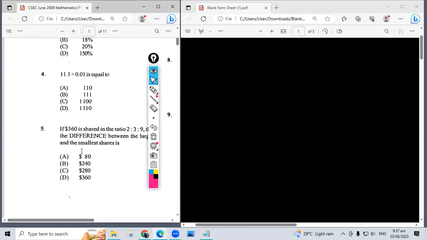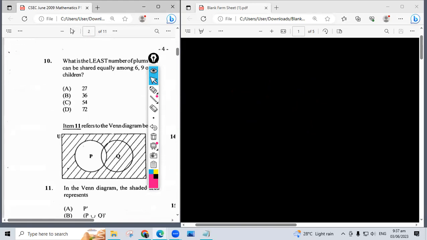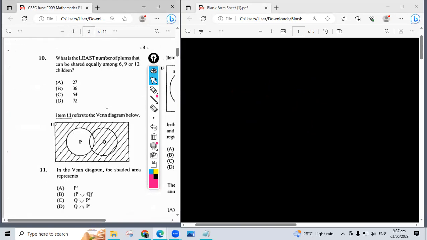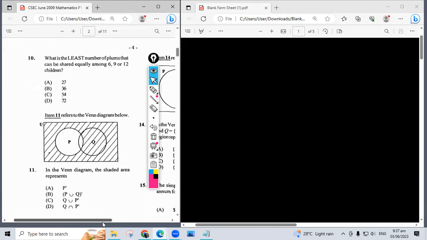Hopefully the next set of questions will be more challenging. Venn diagrams. Well, I could only get one to fit here on the screen. So number 10 for the time being. Number 10 is just a fancy way of finding the LCM of all of these values. And the answer is going to be B. Right?